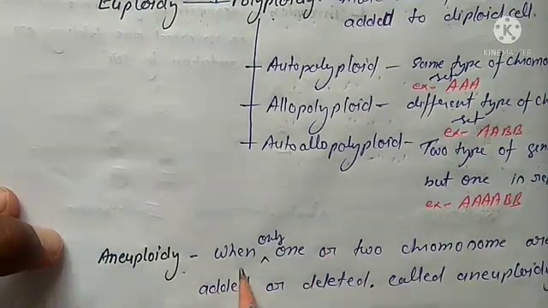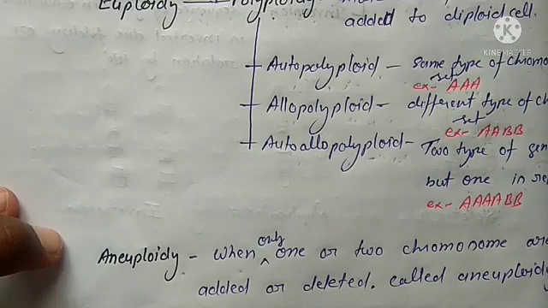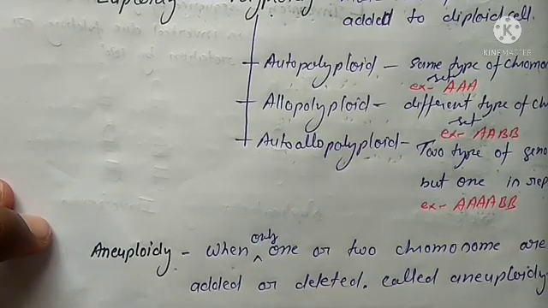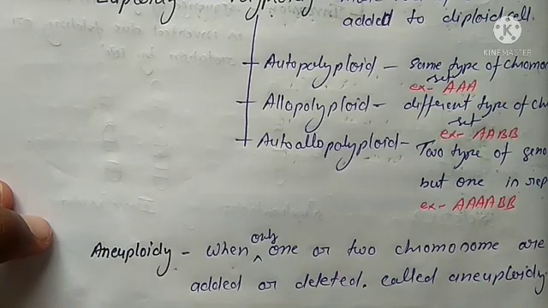Now we discuss the next part of numerical aberration, aneuploidy. Aneuploidy means when only one or two chromosomes are added or deleted, not in a set, not in a pair.